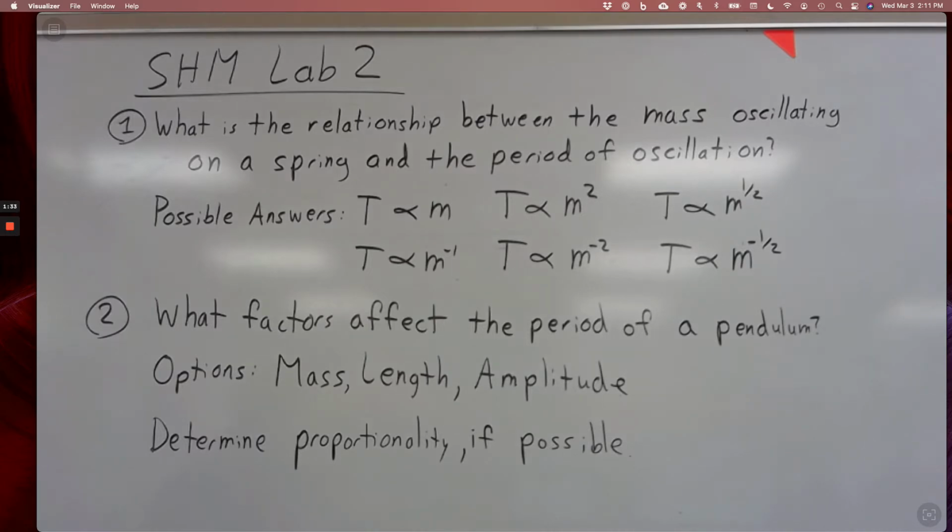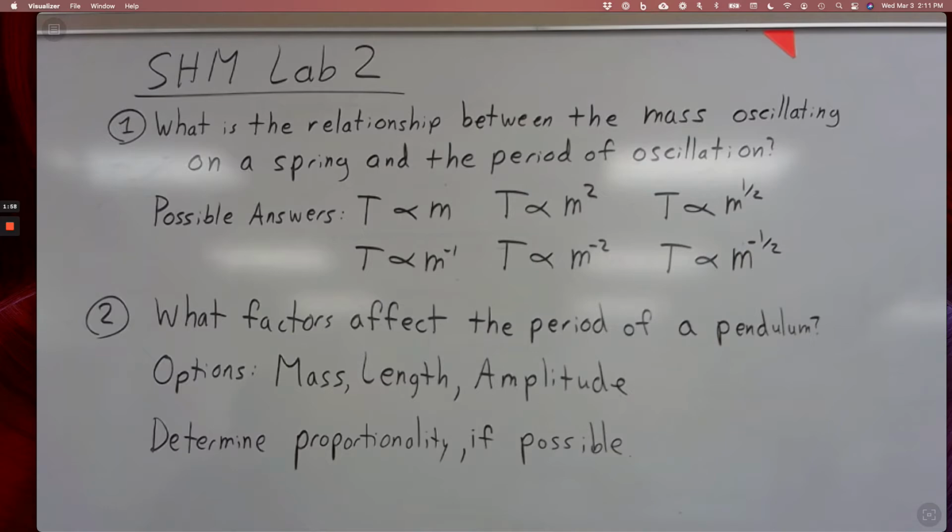When you do this, again, you're collecting data on period and mass. Masses can be in anything because it's just a proportionality. So if you have a postage scale that measures in ounces, you could do everything in ounces. But grams is awesome because the masses that I sent home have grams written on them.